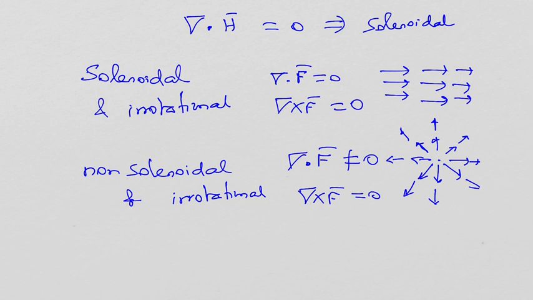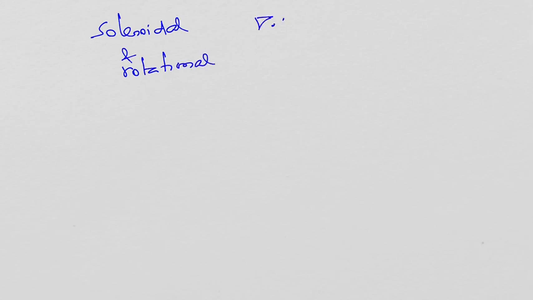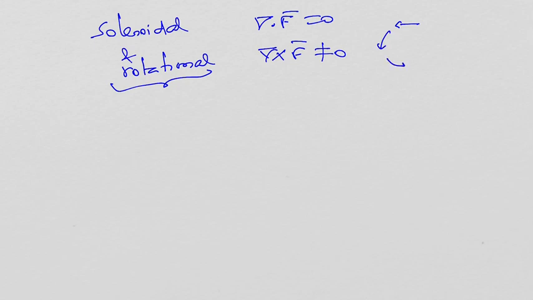Okay, non-solenoidal and irrotational. There is one more category called solenoidal and rotational. Del dot F is equal to 0 and del cross F is not equal to 0. Notice that it is rotational. So when you define a vector field, the vector field will be of this category.